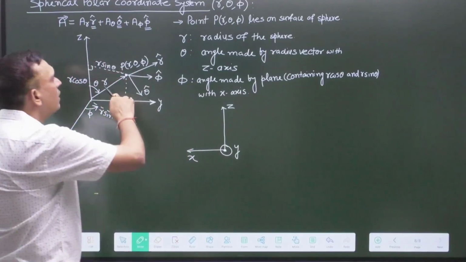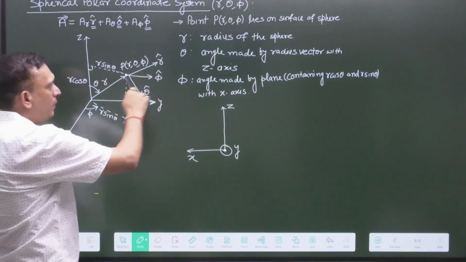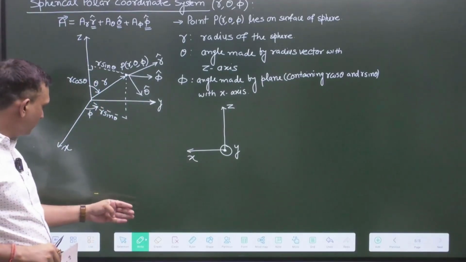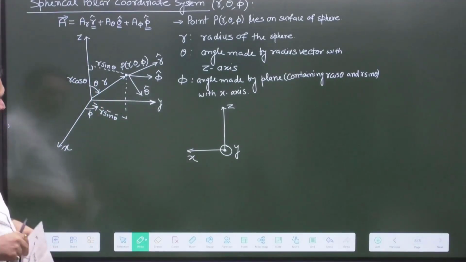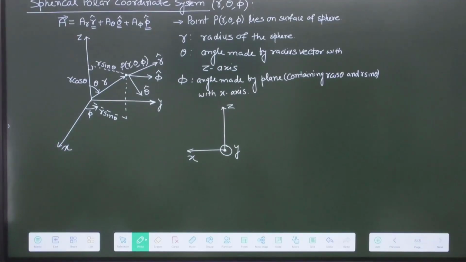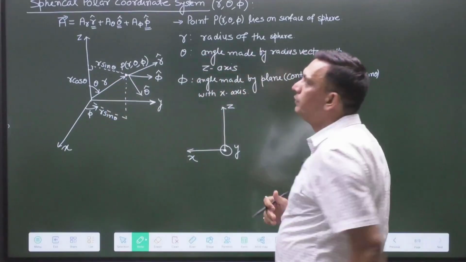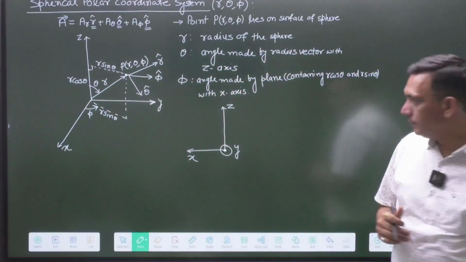So that is positive r cap, positive theta cap, and positive phi cap. Is it clear? So that is the symmetry of r theta phi.